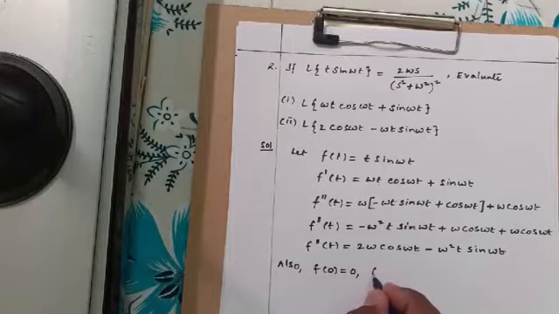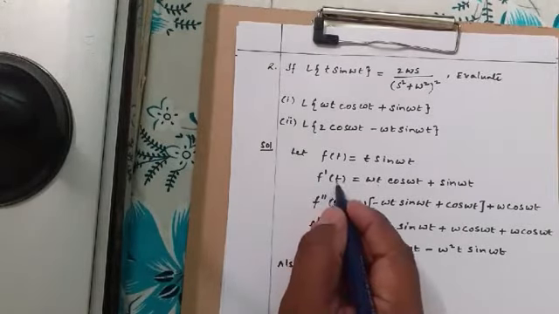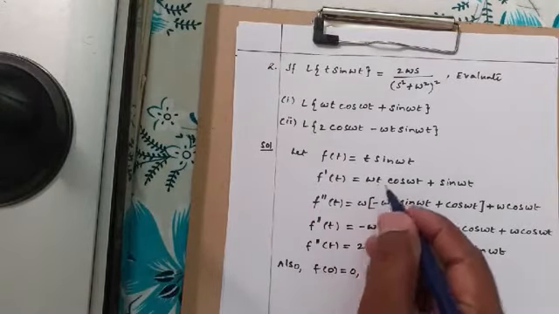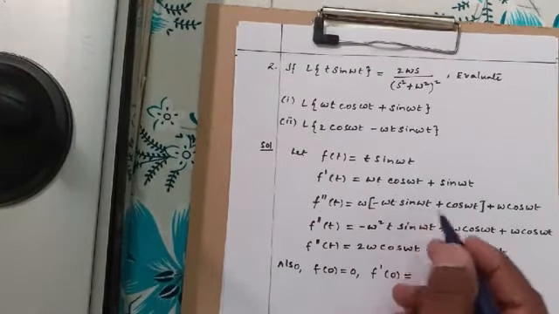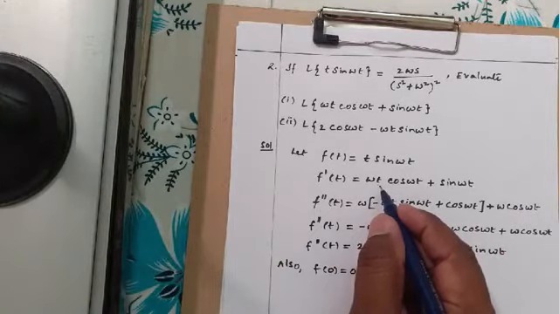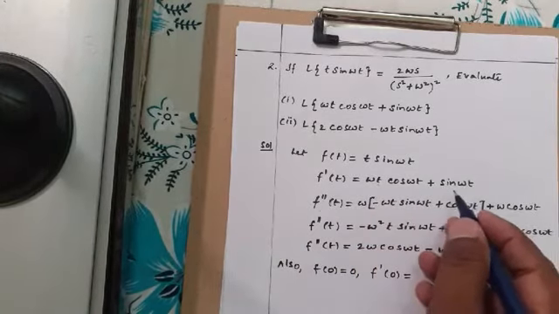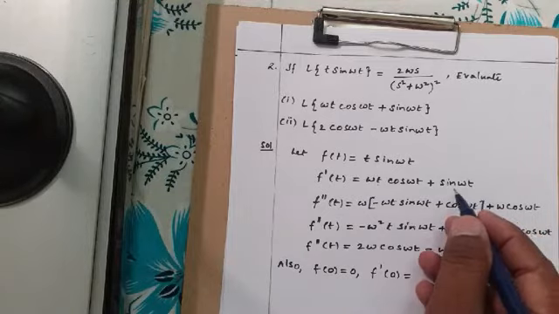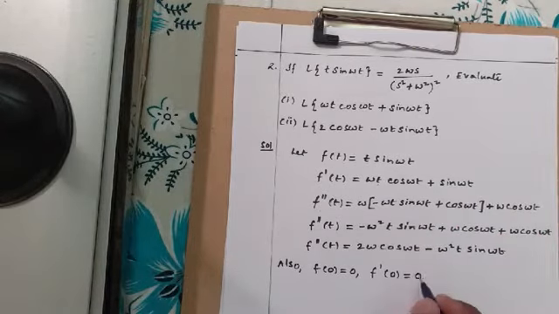Then f dash of 0: when you put 0 in the place of t, the whole term becomes 0, because 0 into something is 0, and sine 0 is 0. So f dash of 0 is also 0.